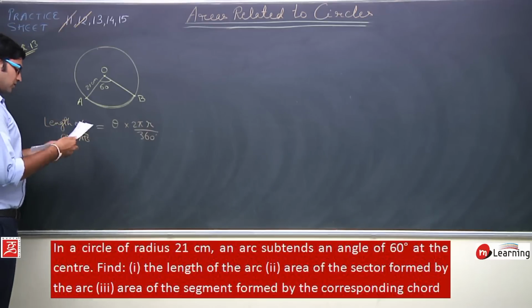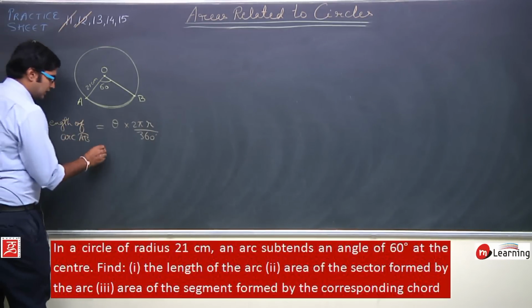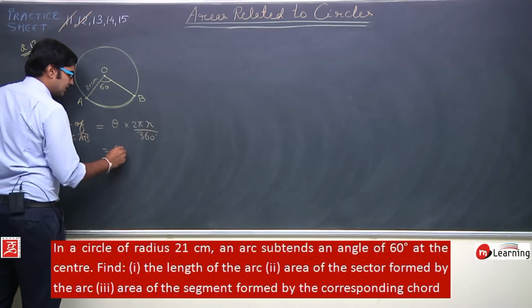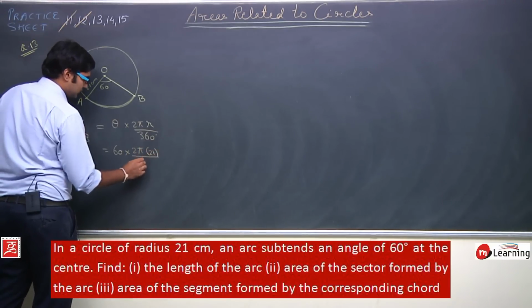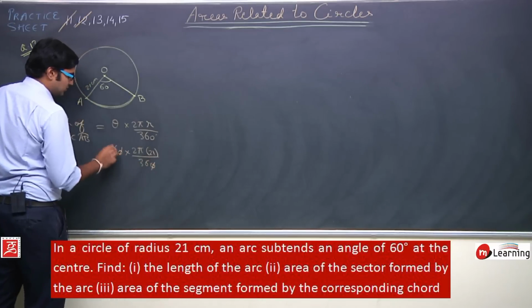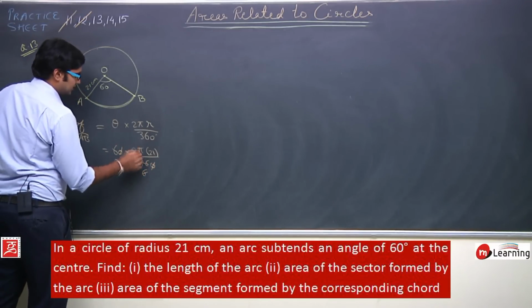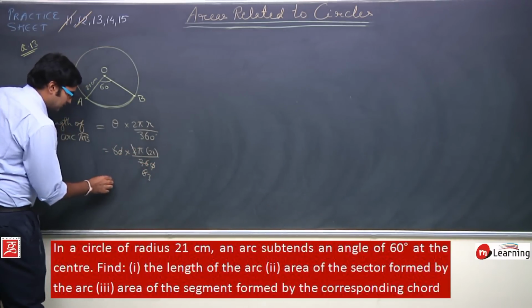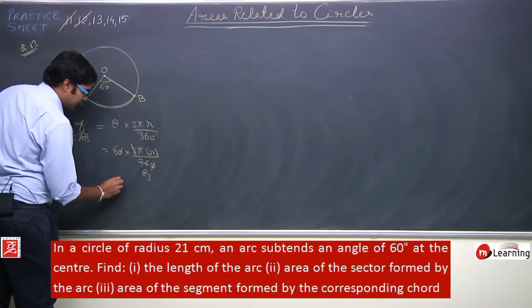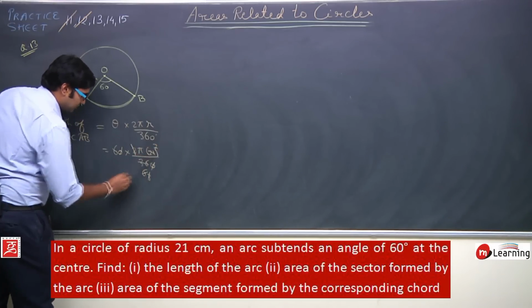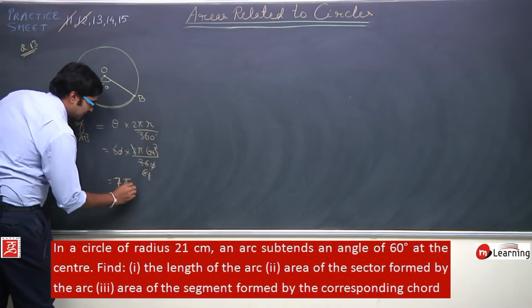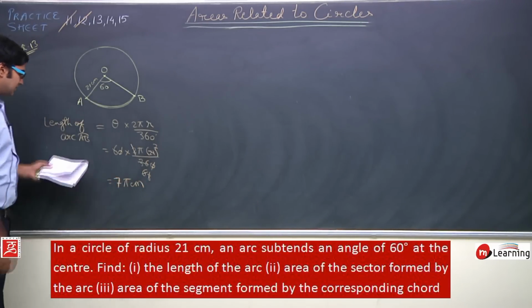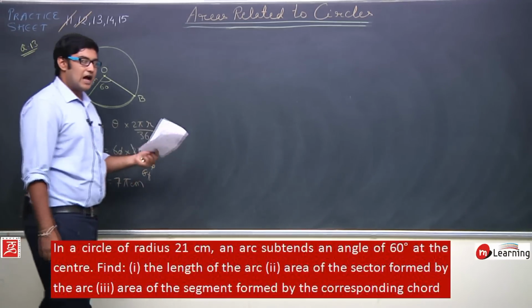So, this is 60 degree into 2 into pi into radius 21 upon 360. So, this 0, this is 6, then this is 3, this is cancelled. So, I will get 21, so this is 7. So, I will get 7 pi, okay, 7 pi centimeters. This is the length of arc AB.